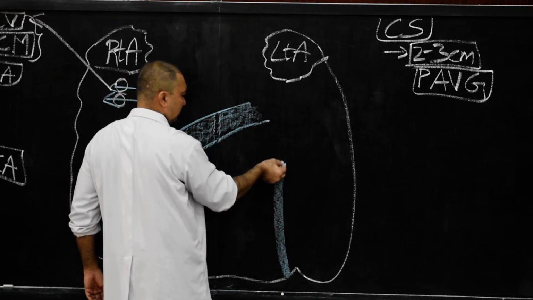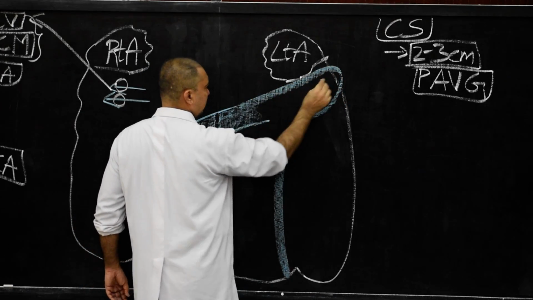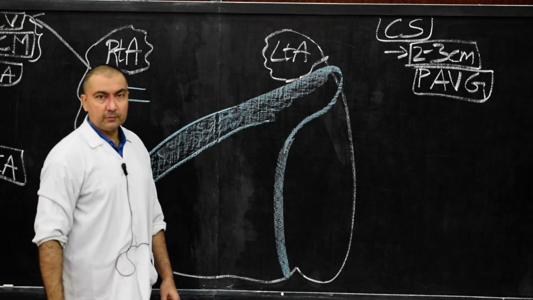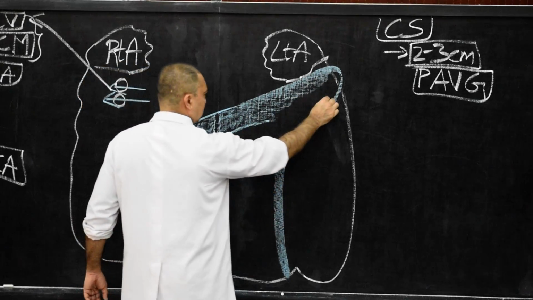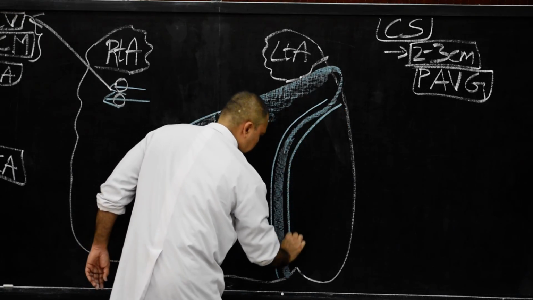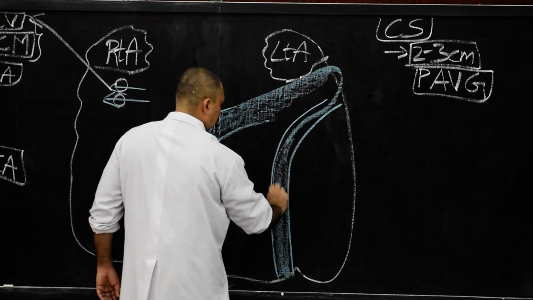For example, if I show here, this is the vein known as the great cardiac vein.